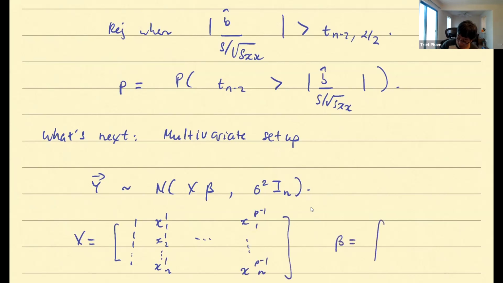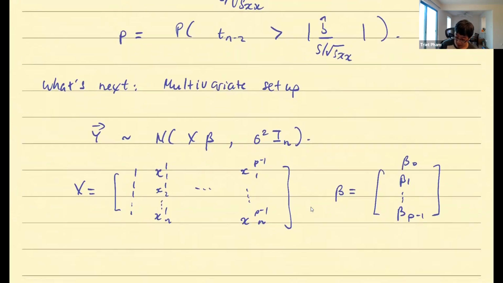Beta will be beta 0, beta 1, up to beta P minus 1. I guess people go with P anyway. So X is going to be an N by P matrix. Beta is going to be a P by 1 vector.